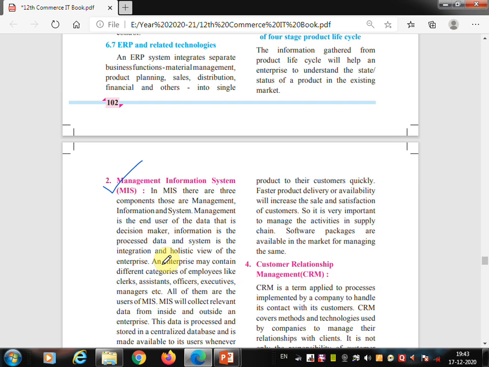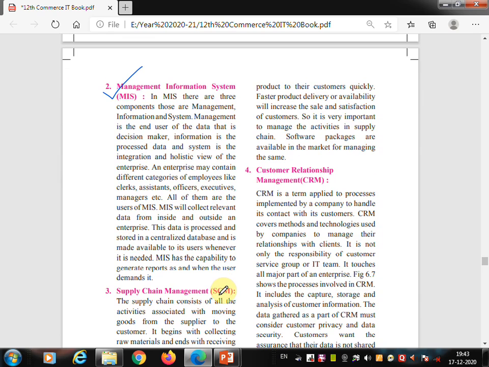Once the data is processed, you get the information. An enterprise may contain different categories of employees like clerk, assistant, officer, executive management, etc. So all of them are users of MIS.